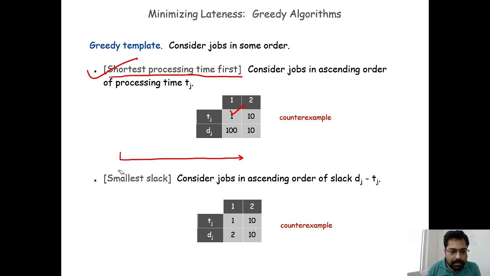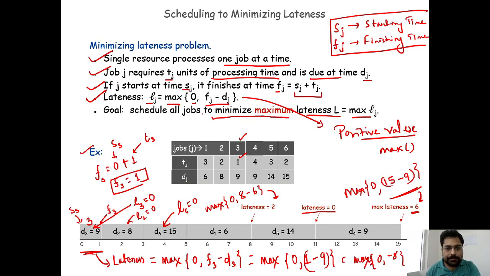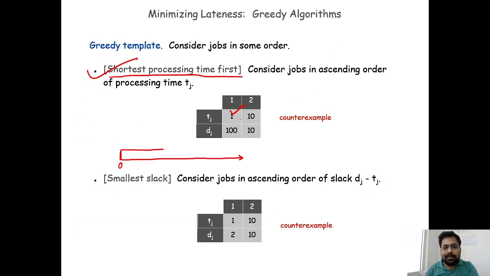Here the starting time we start with 0. As per the example you can check, the finishing time will be starting time plus processing time. The processing time is 1, so as per the processing time, the lowest processing time will be fixed first, so 0 to 1.